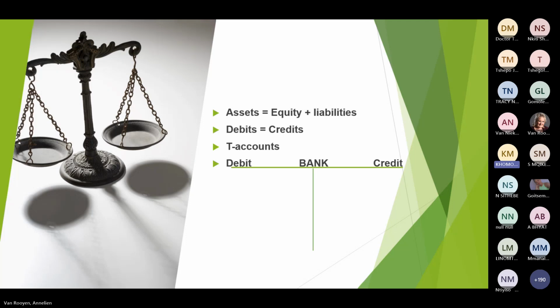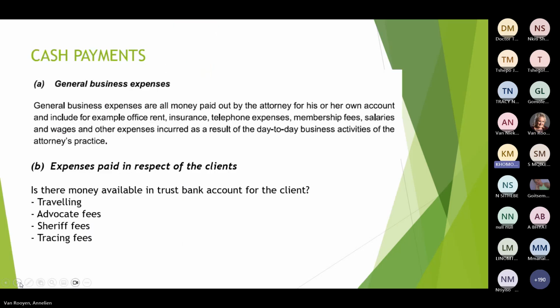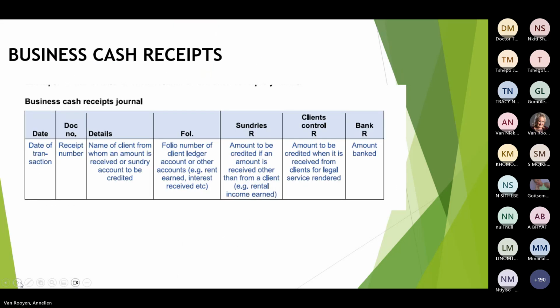Good evening, ma'am. My question is based on the cash receipts journal. Why don't we add VAT? We can add VAT, yes, but most of the time your income will already have the VAT in there because, let's just take a straightforward business.